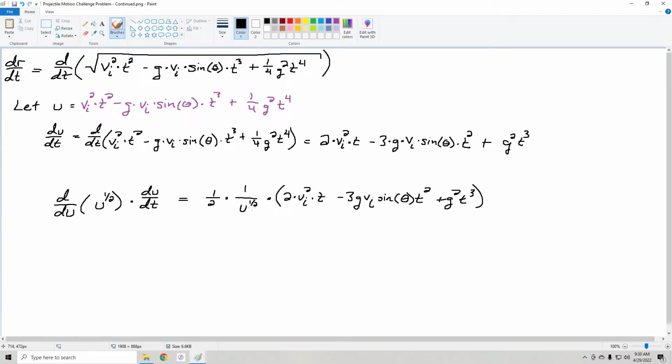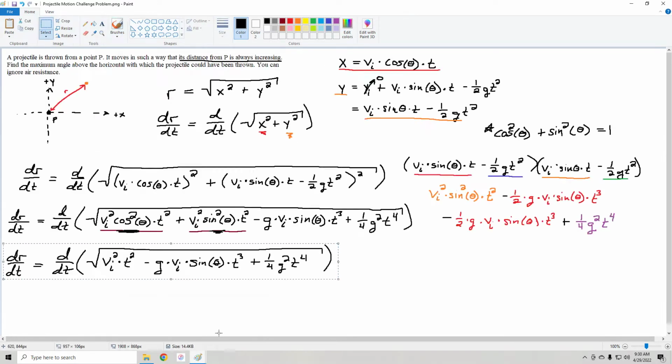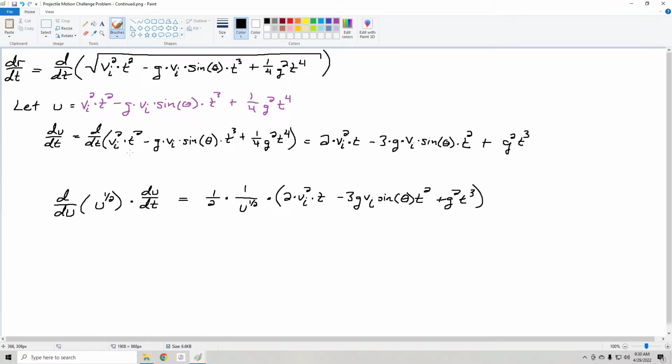And remember, what is u? Well, we had u equal to everything in purple up here. However, if we go back to the first page, we said that r is the square root of x squared plus y squared. And that's basically the square root of everything here in purple.